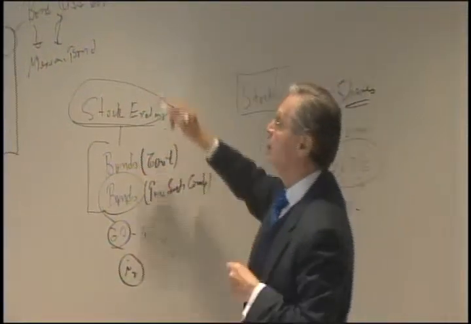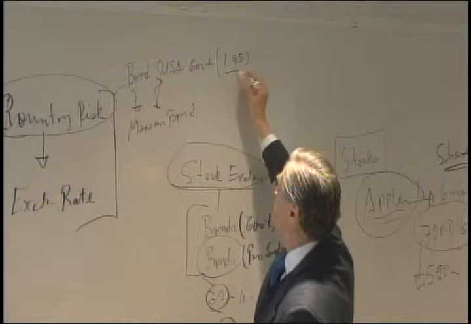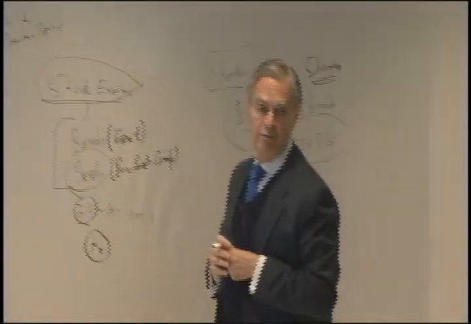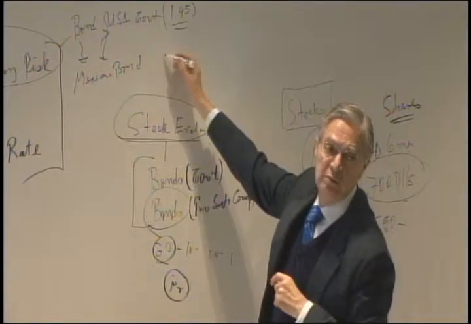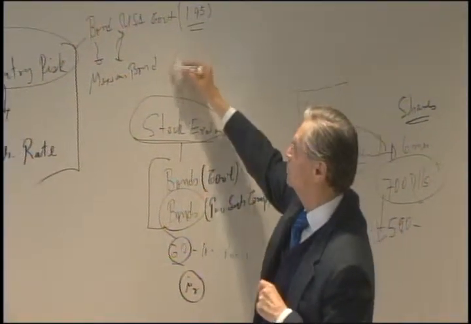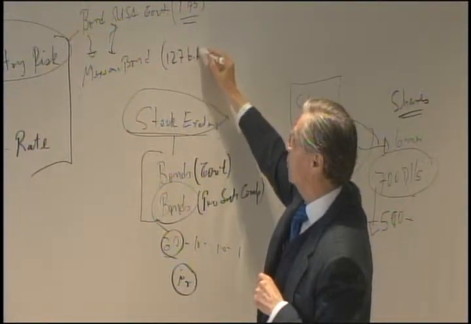So whereas I'm willing to lend to the United States government at the rate of 1.95, last time I told you 125. Today in the morning, the country risk of Mexico was 127 basis points.